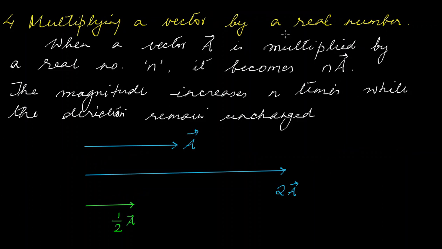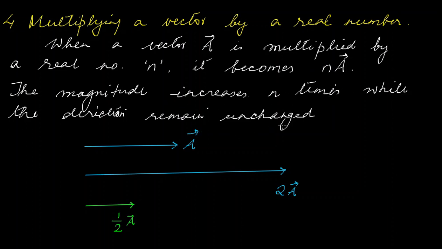And what about if we multiply a vector by a real number? When a vector a bar is multiplied by a real number n, it becomes n a bar, just like multiplying with a scalar, because a number here is a scalar. The magnitude increases n times while the direction remains unchanged.